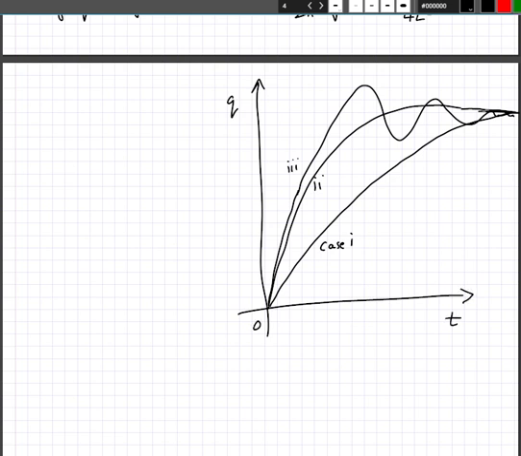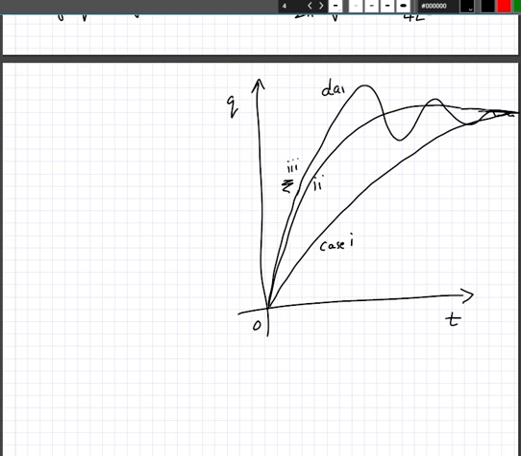Okay, case 1 where b square minus k square was positive, or real, it had a real value, and then here b square is equal to k square, or the term inside the square root was 0, and in this case the term inside the square root was negative in case of damped oscillatory.